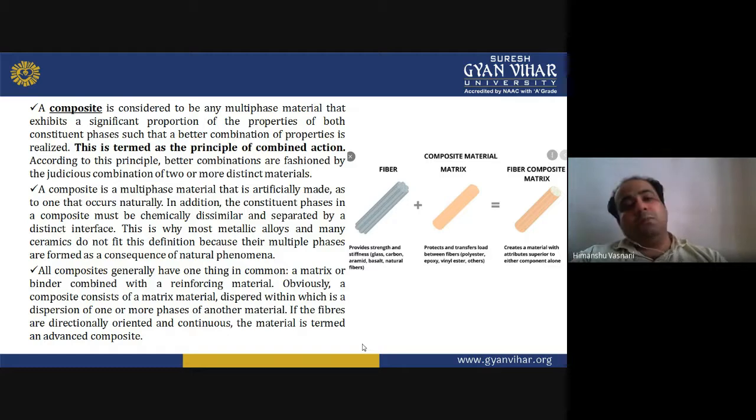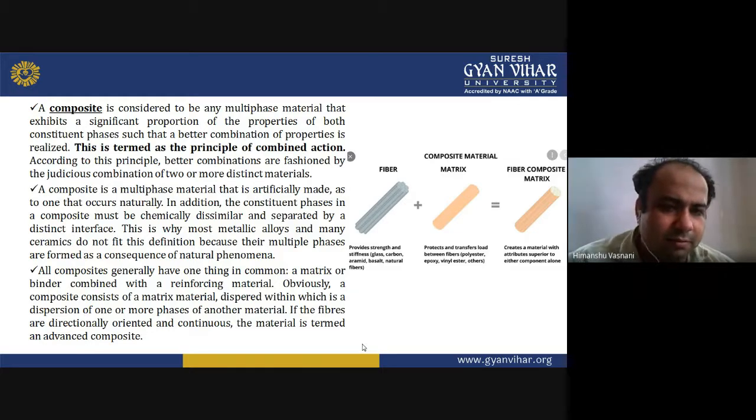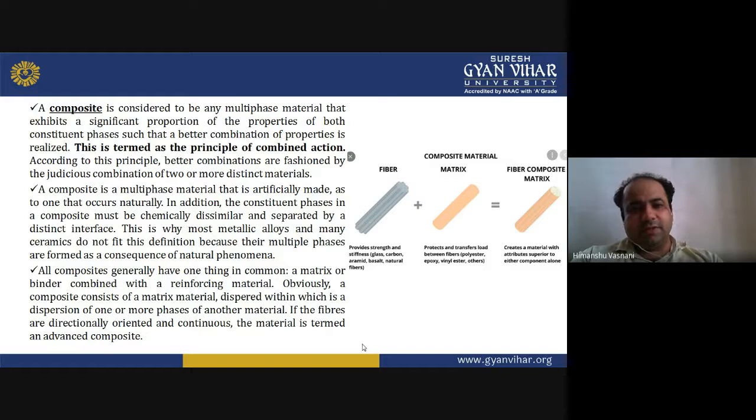Now, a composite is a multi-phase material that is artificially made, as opposed to one that occurs naturally. In addition, the constituent phases in a composite must be chemically dissimilar and separated by a distinct interface.